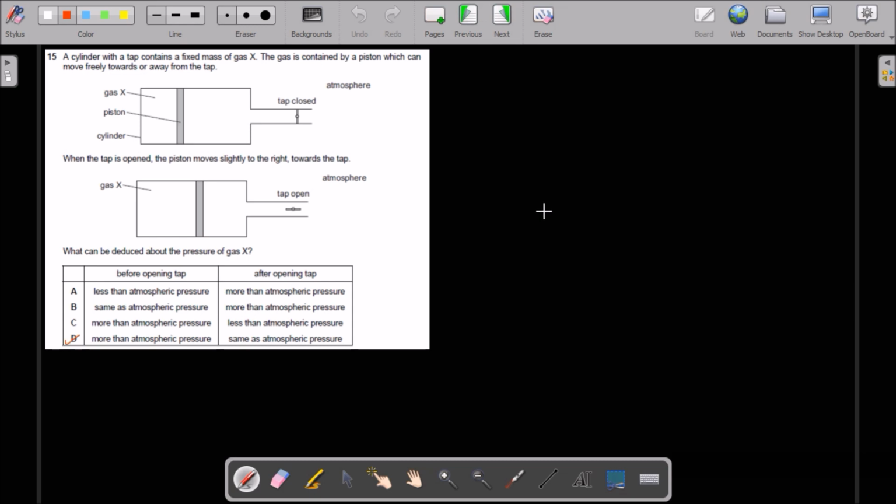Question 15. A cylinder with a tap contains a fixed mass of gas X. The gas is contained by a piston which can move freely towards or away from the tap. When the tap is open, the piston moves slightly to the right towards the tap. What can be deduced about the pressure of gas X?